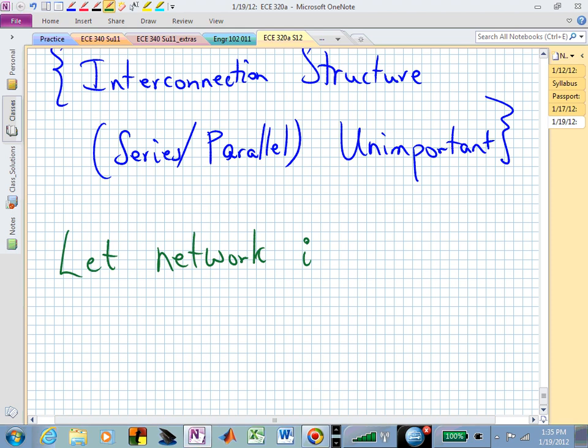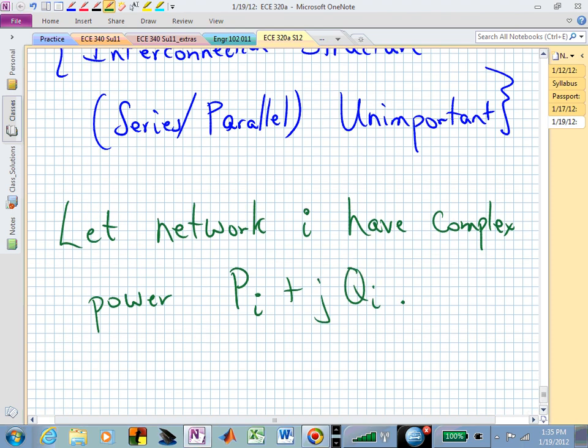Each of those will have complex power made up of the real piece and the reactive piece, meaning I'm going to have 5 P's and 5 Q's in my earlier example.